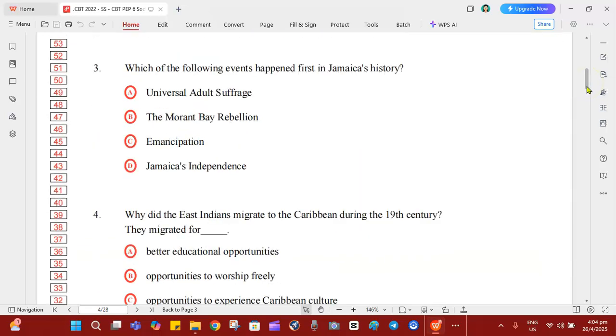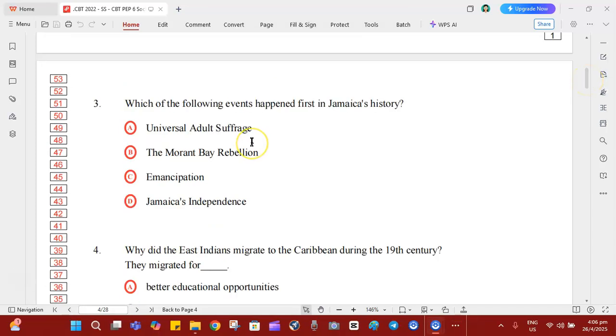Number 3, which of the following events happened first in Jamaica's history? A says universal adult suffrage, B says Morant Bay Rebellion, C says emancipation, and D says Jamaica's independence.